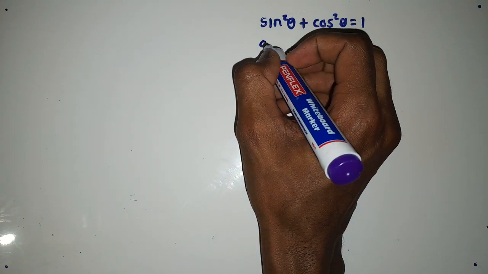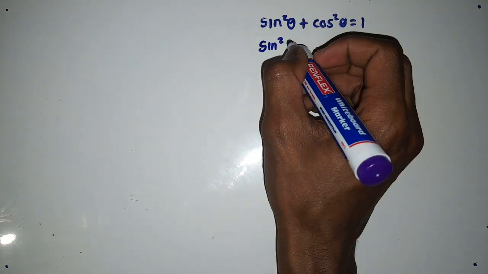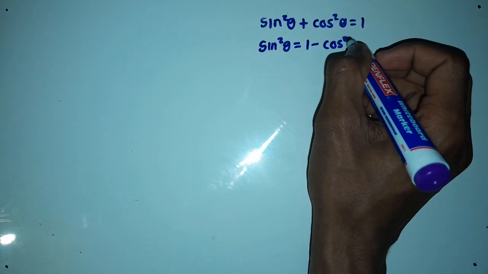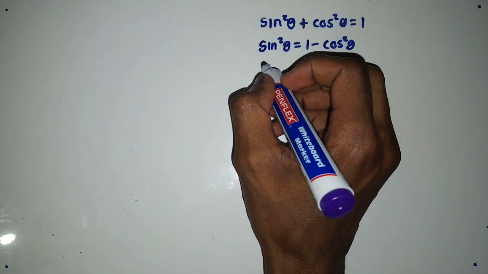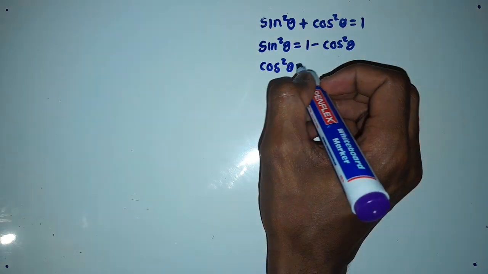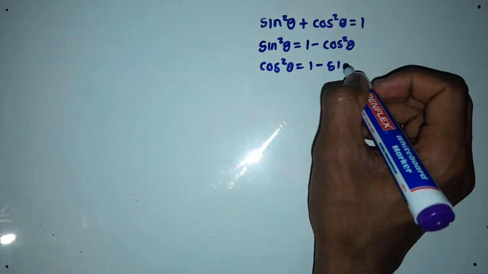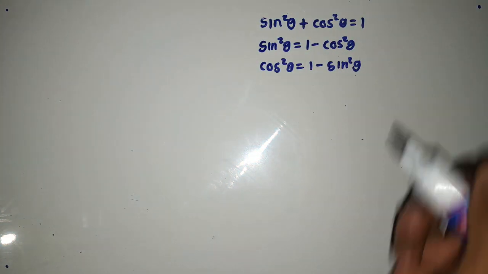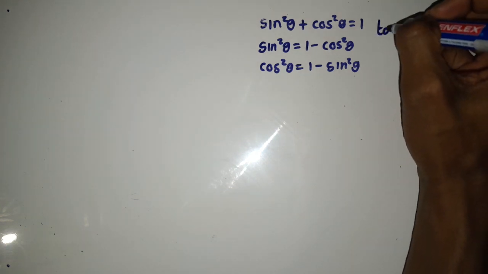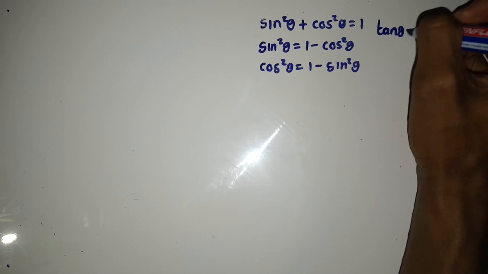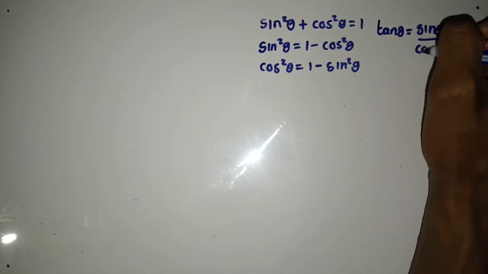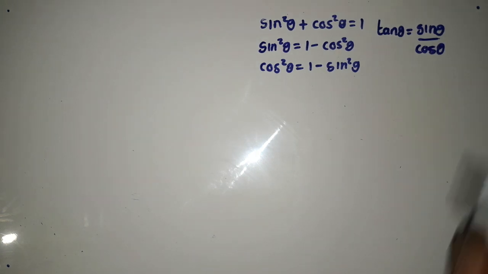We also have the following variations: sine squared theta is equal to 1 minus cos squared theta, and cos squared theta is equal to 1 minus sine squared theta. Then the quotient identity is given by tan theta equals sine theta divided by cos theta.